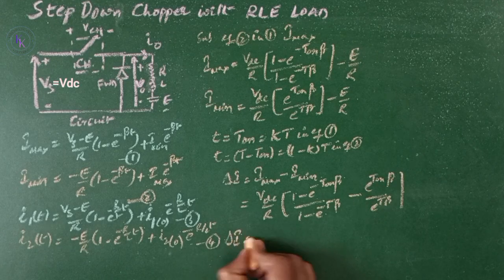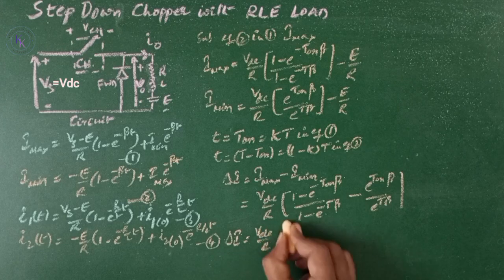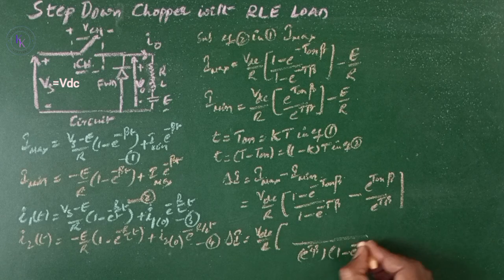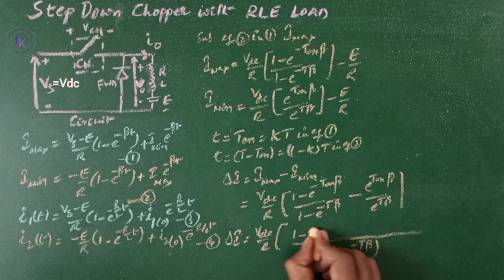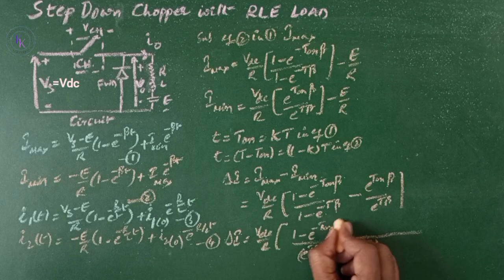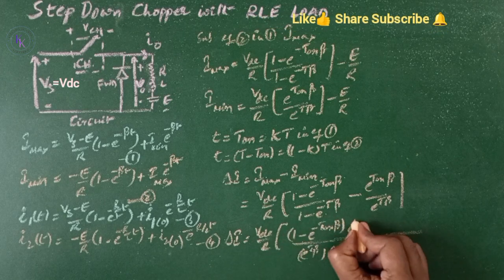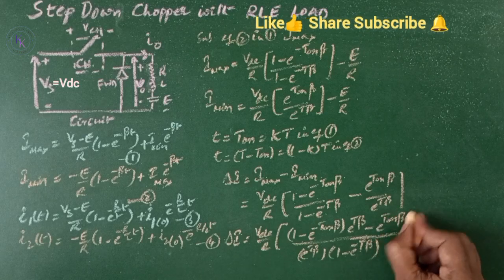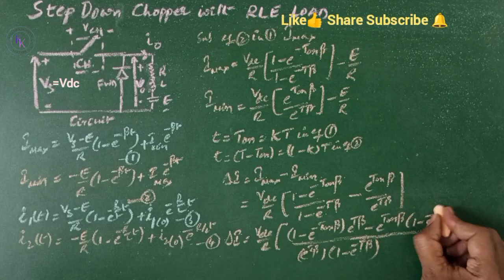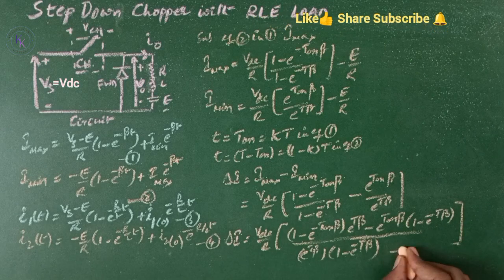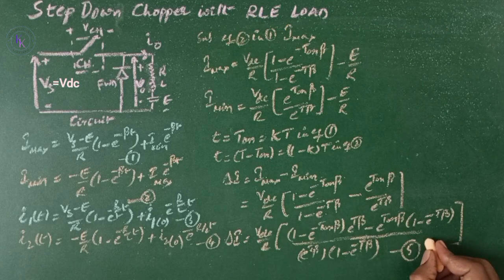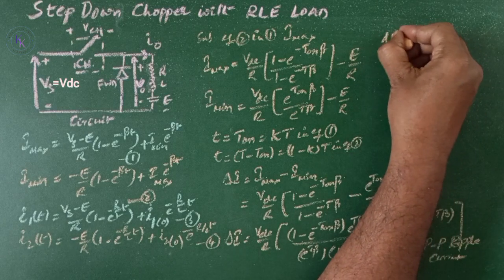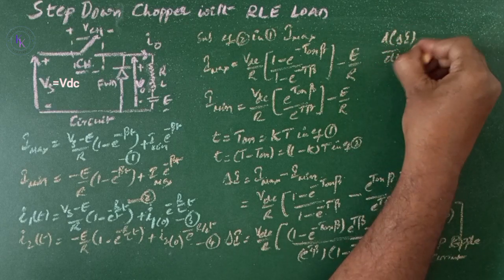Now delta I equals VDC/R of e^(T beta)(1 − e^(−T on beta)) − e^(T on beta)(1 − e^(−T beta)), and so on. That is equation number 5, the peak to peak ripple current.